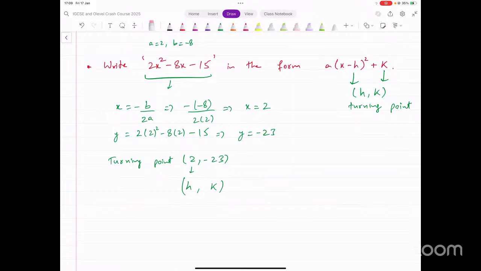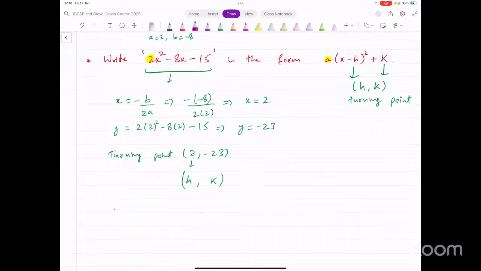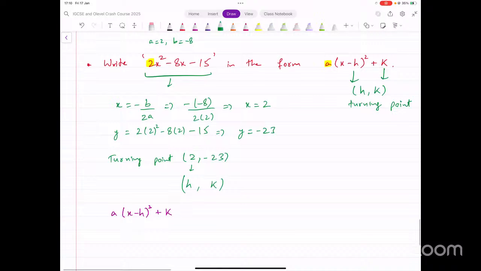And now you can write down the completed square form for this. And that will look like this: a in this form, ax squared plus bx plus c, and a in this form, they are both the same. So all you have to do is write down this form like this, a into x minus h whole square plus k. What's the value of a from there? A is equal to 2, so in place of a, you put 2.